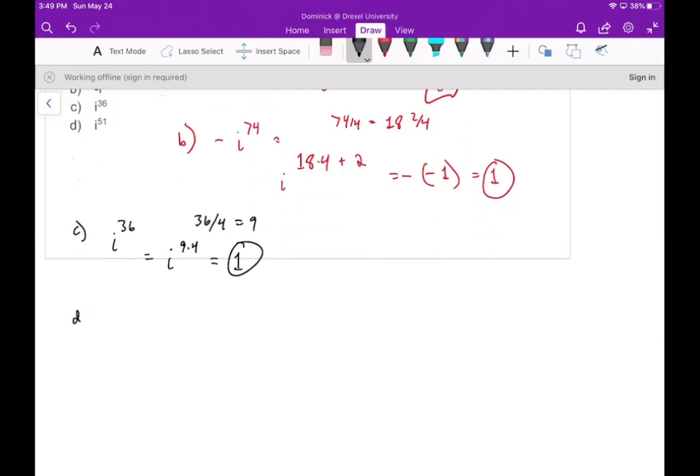Okay, and then finally, part D, we have i to the 51, which if we take 51 and divide by 4, we'll get 12 with 3 left over. So we could say that 51 is 12 times 4 plus 3. This is a multiple of 4 plus 3, so this is negative i.